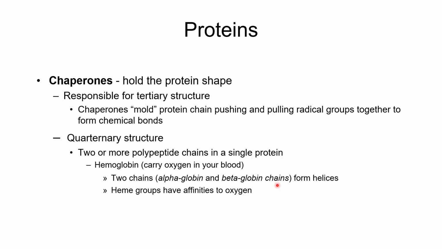Now, how proteins get folded, there's molecules called chaperones that help fold the tertiary structure of a protein. They mold that protein and push it, basically pushing radical groups closer together so they can form the chemical bonds that they need to. When we get to that quaternary structure, that's where we have 2 or more polypeptide chains in a single protein that fold together.